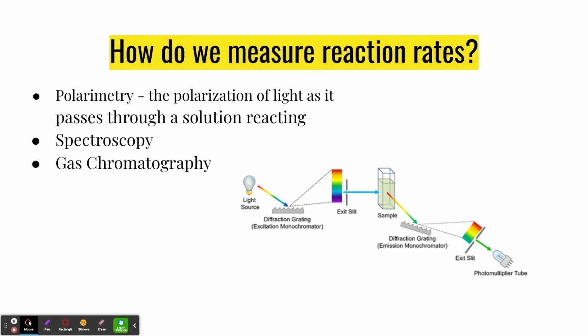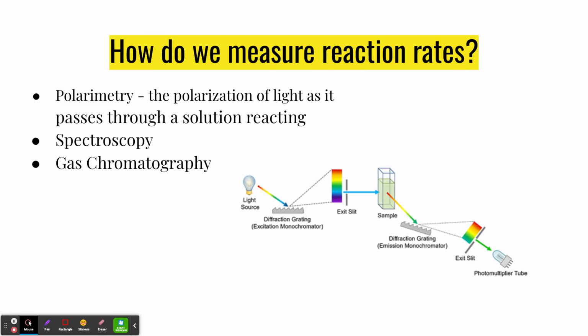We can use something called polarimetry, which is the polarization of light as it passes through a solution of reactant. We can also use spectroscopy, which is what we did with the analysis of our red food coloring Gatorade lab a couple months ago. Instead of just looking at how concentrated a particular pigment is, you can also look at how fast a new pigment is being produced, and that's how you would use spectroscopy there.